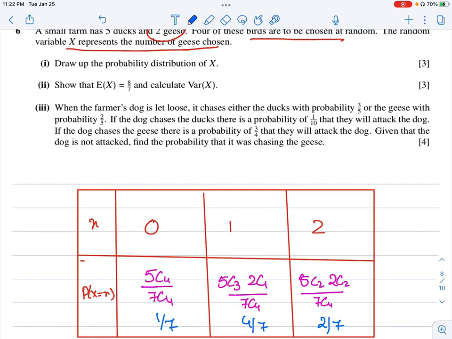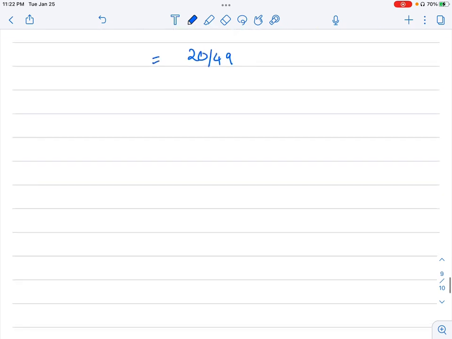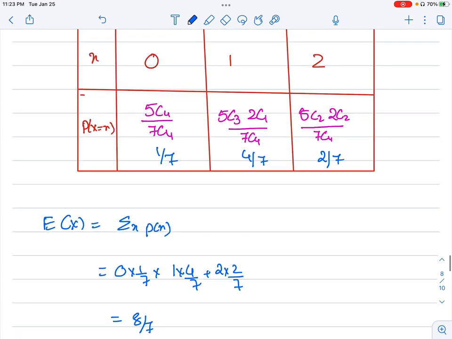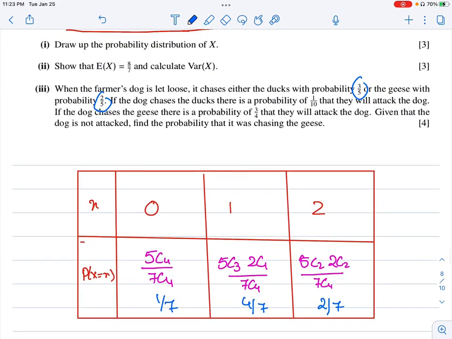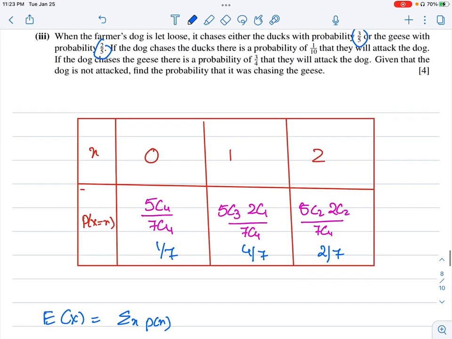Finally, when the farmer's dog is let loose, it chases either ducks with a probability 3 upon 5 or the geese with a probability 2 upon 5. So it chases a duck or a goose. The probability is 3 upon 5 and 2 upon 5. If the dog chases a duck, there is a probability of 1/10 that they will attack the dog.